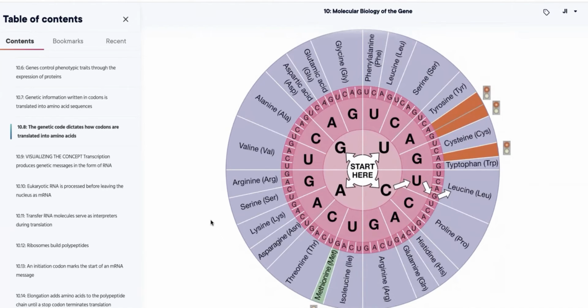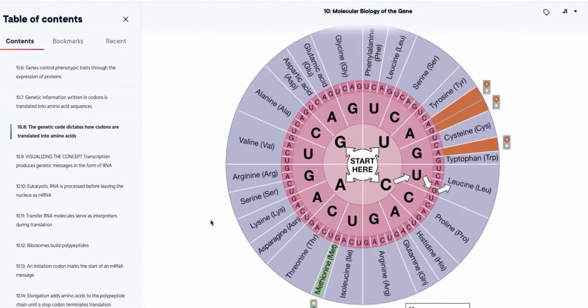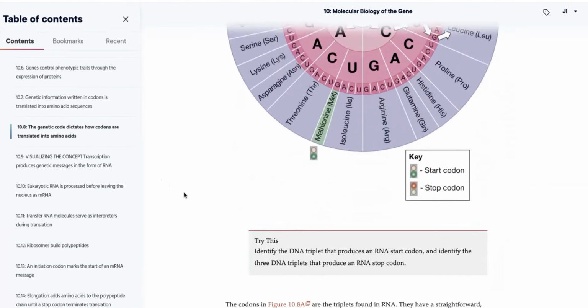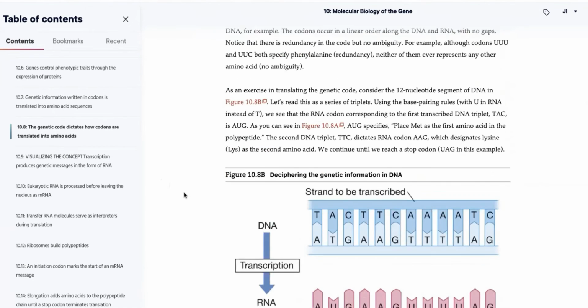Traditionally, the code is in a rectangular chart, and that's the one I'll be talking about when we get into our live session. This round chart is great, but it just requires a different skill set or protocol to follow through.